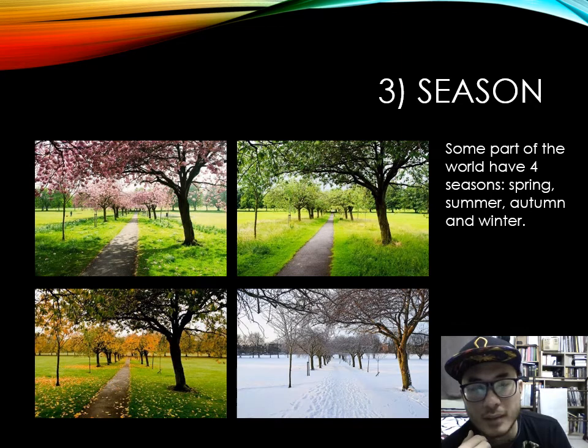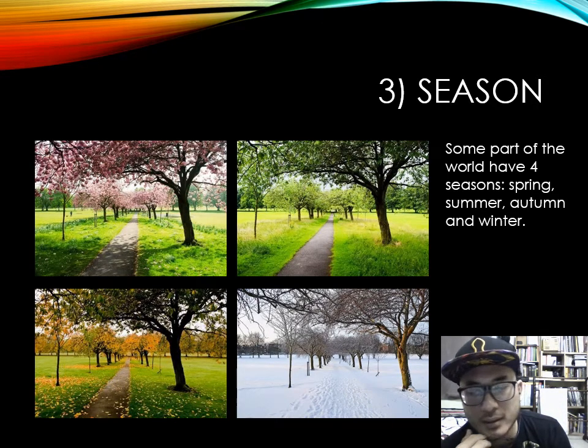Next, number 3 of the daylight factor, which is season. In some countries, they have 4 types of season, which are spring, summer, autumn, and winter.